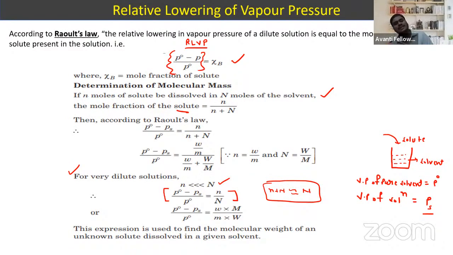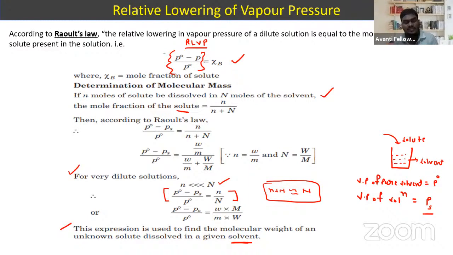Again, we can write n as the mass of the solute upon the molecular mass of the solute, and N as the mass of the solvent upon the molecular mass of the solvent as well. So this expression is used to find the molecular weight of an unknown solute dissolved in a given solvent. If someone asks to identify which solute is dissolved in this solvent, we can calculate the molar mass of the unknown solute.